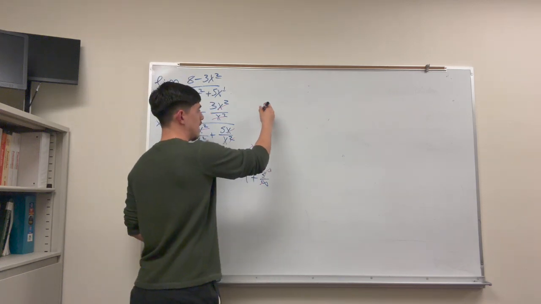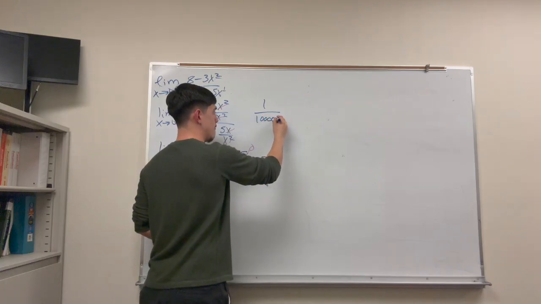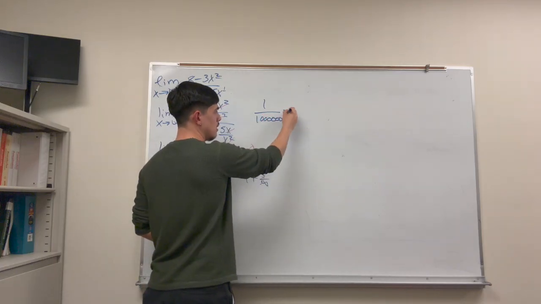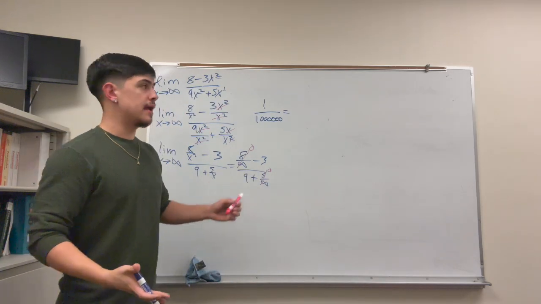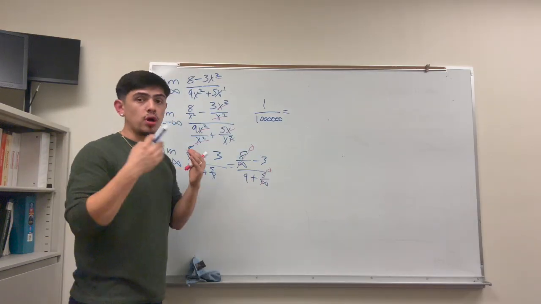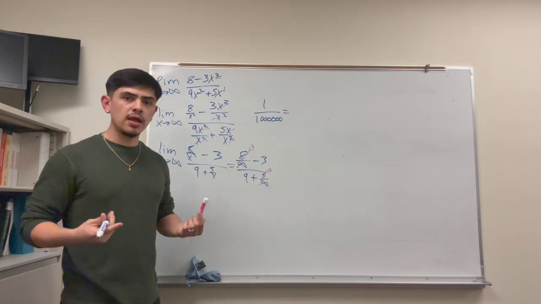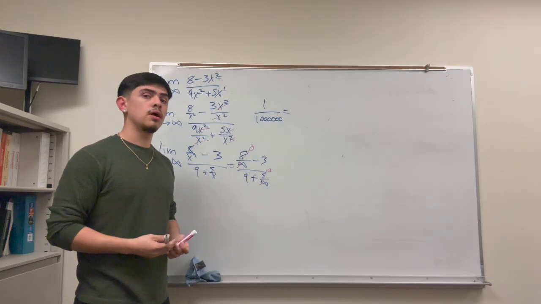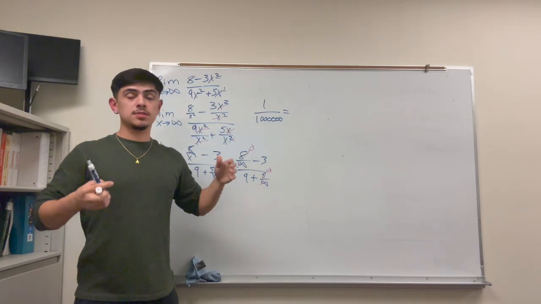For example, if we have 1 over 1 million, right? 6 zeros. That's 1 millionth, very small number. If this is 1 billion, it's even a smaller number. Quadrillion, even a smaller number. So infinity goes on forever. So what are we approaching? We're approaching 0. And as infinity gets bigger, bigger denominator, smaller number, right?